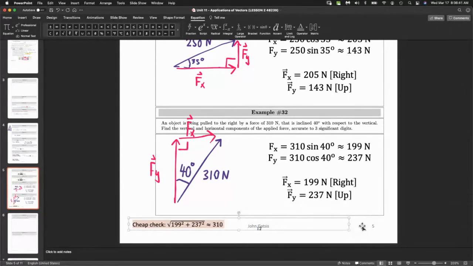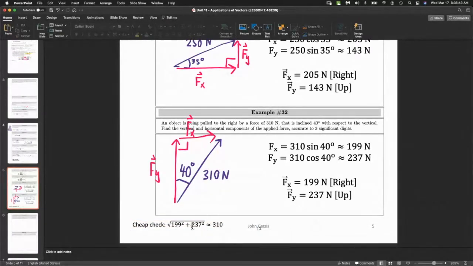I'm not going to check it right now on my calculator for the sake of time, but you should get that 310 here because this is a right angled triangle, and these are the legs of the triangle, which should form the hypotenuse length through the Pythagorean theorem.